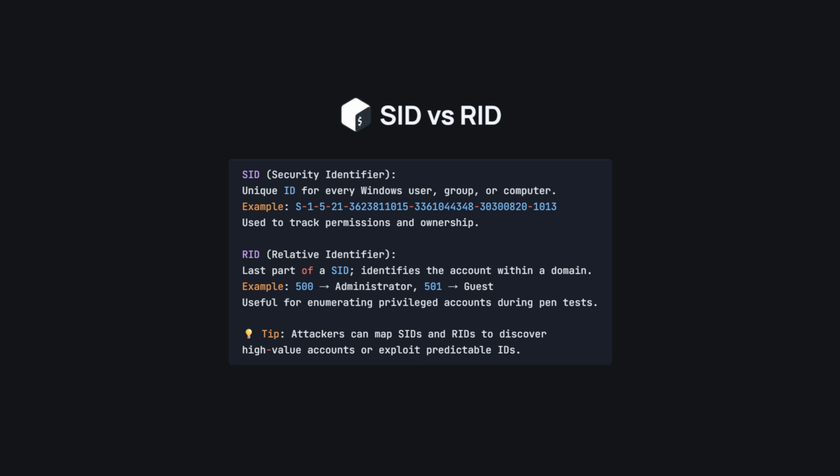So if the DC lets us translate SIDs to names anonymously, we can walk away with an entire user list. And that's pretty common for these types of challenges. But in this case, we're not getting anything. So the DC is refusing the anonymous DCE RPC bind through netexec.